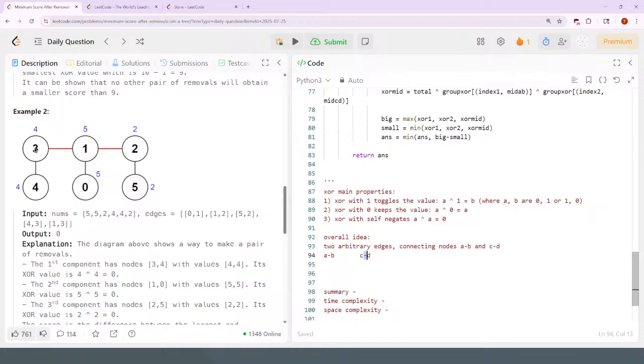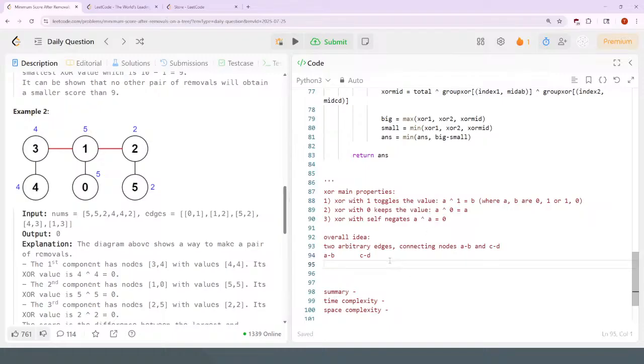So for any edge, I'm going to determine the set of nodes that are connected to one of the nodes of that edge. With this edge, there's a set that's 3, 4, and another set that's 1, 2, 5, 0. Or for this edge here, there's a set that's just 0, and another set that is 4, 3, 1, 2, 5.